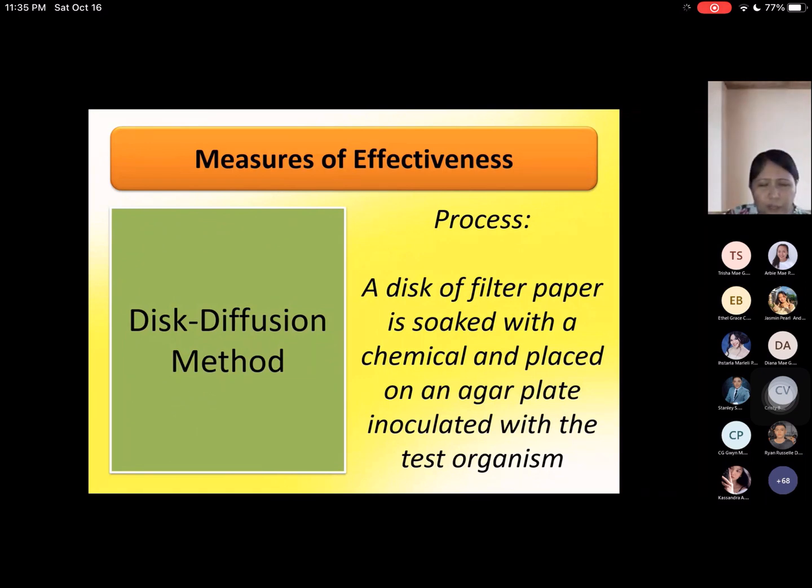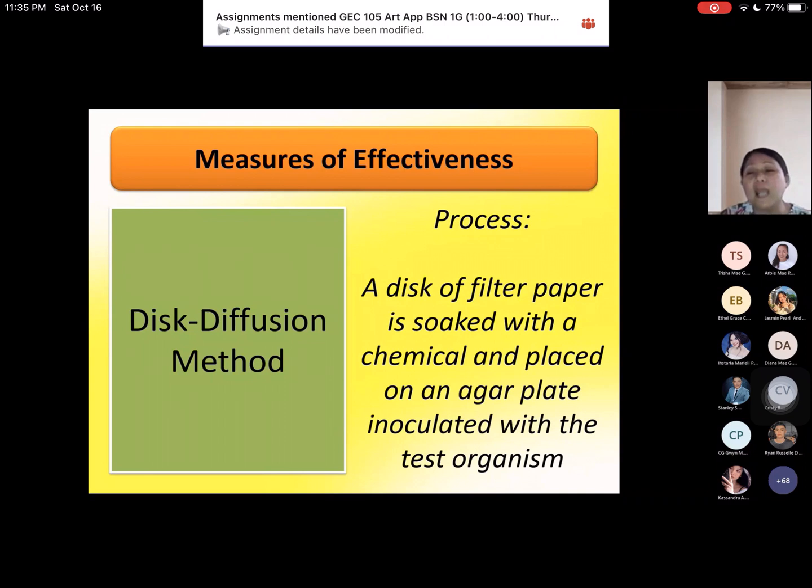Just for your information, the current standard for measuring the effectiveness of disinfectants and antiseptics is set by the American Official Analytical Chemists.